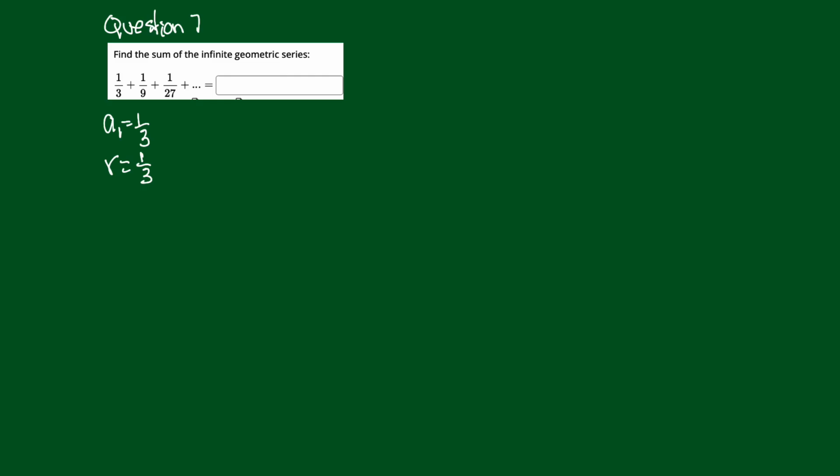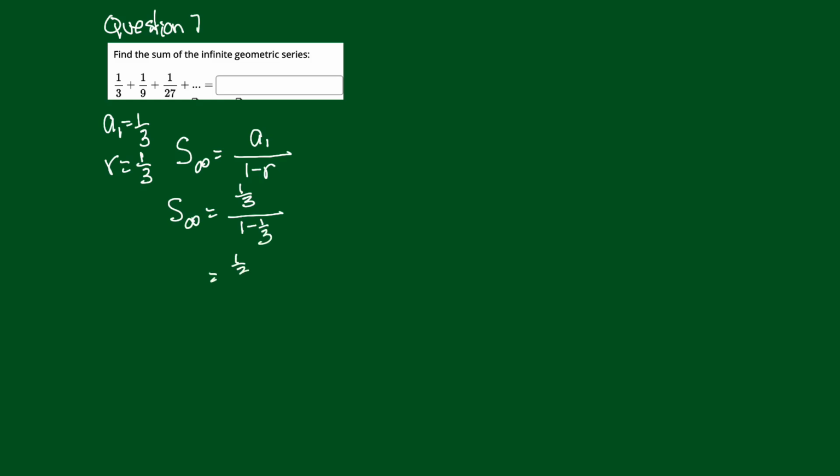Now we have a formula for the sum of an infinite geometric series. It is the infinite sum. It's a nice formula. It's just a1 over 1 minus r. So what do we get here? So the sum of this infinite series is 1/3 over 1 minus a third.